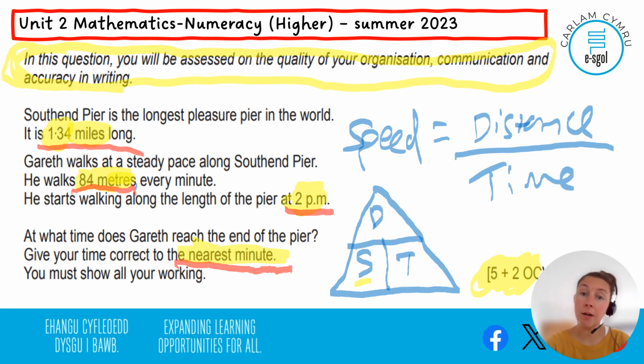If you're working out time, then you do the opposite. You cover the T up and then it's distance over speed. And if you're trying to work out the distance, you then know it's speed times time. Okay? That you need to know.